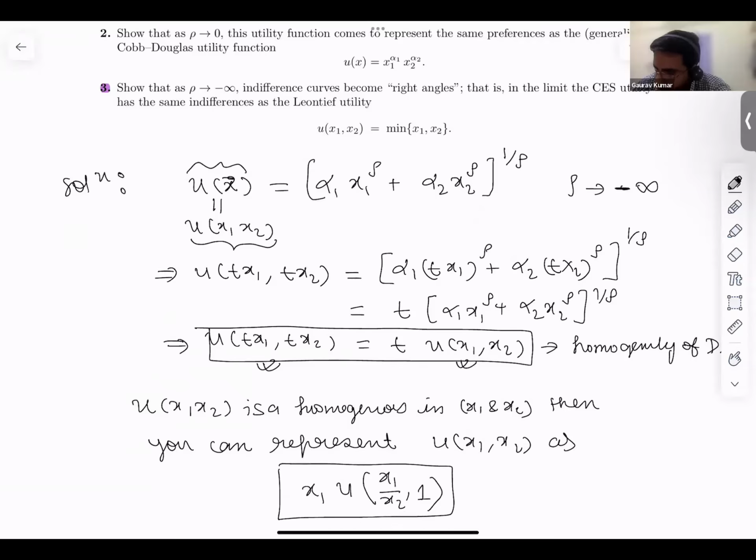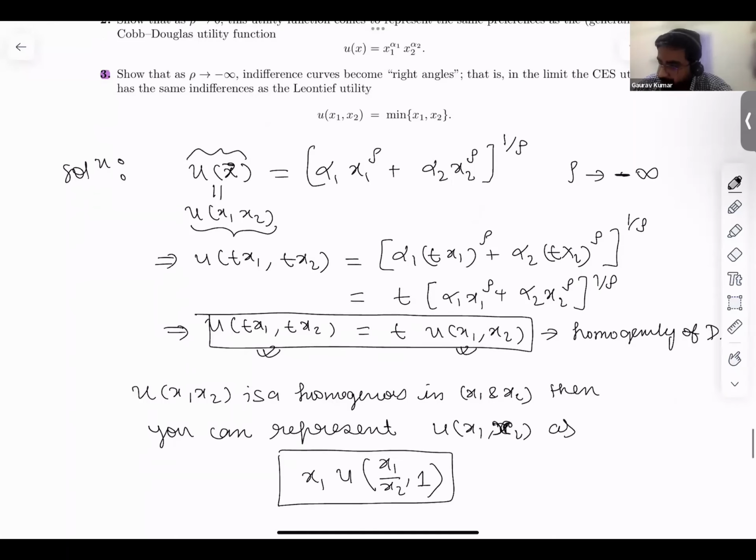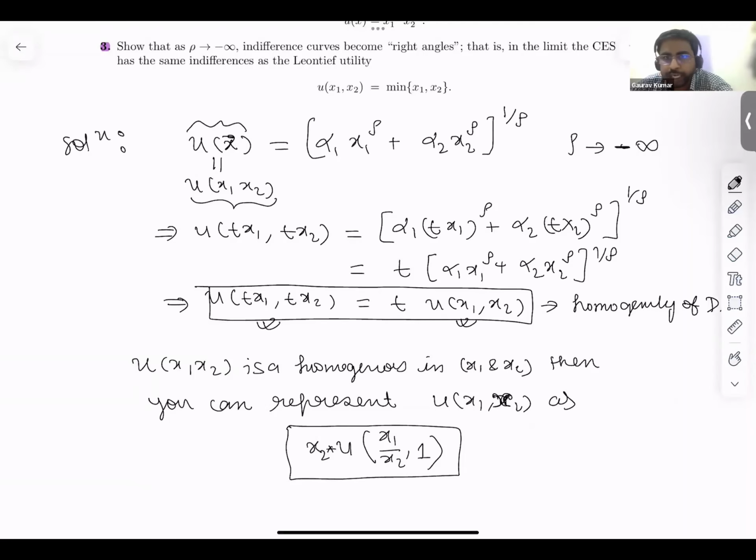So what you are doing is taking x2 common. Sorry, one second, it will be x2 into u of x1 by x2 comma 1. So you have used the homogeneity property for homogeneous functions.